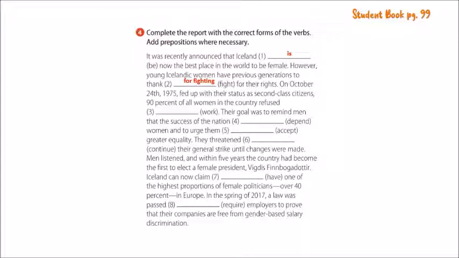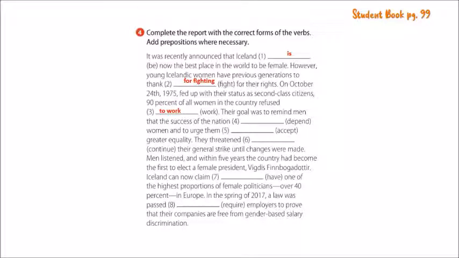On October 24th, 1975, fed up with their status as second-class citizens, 90% of all women in the country refused to work. What do we need? To, right?